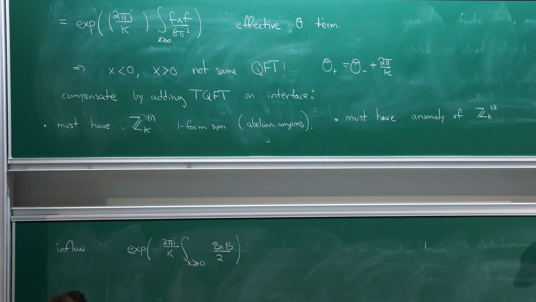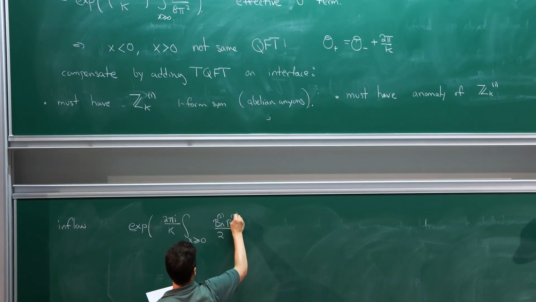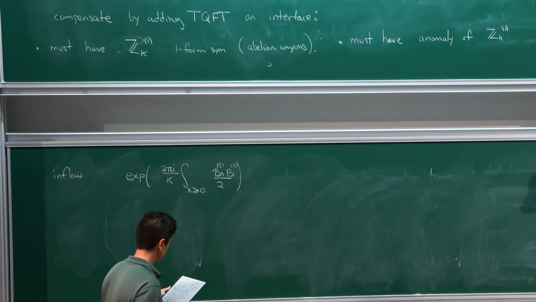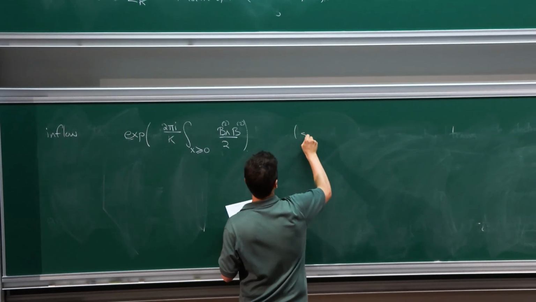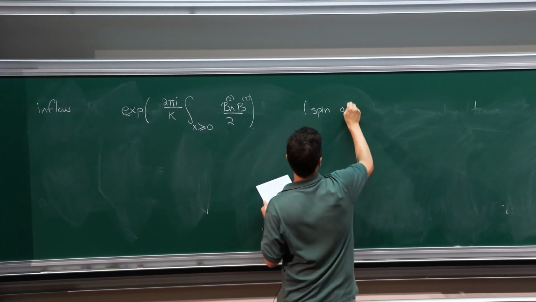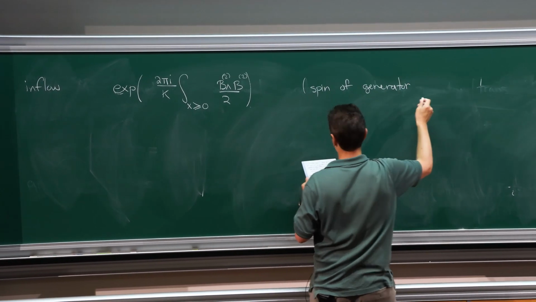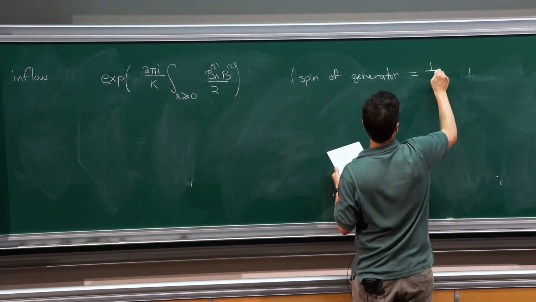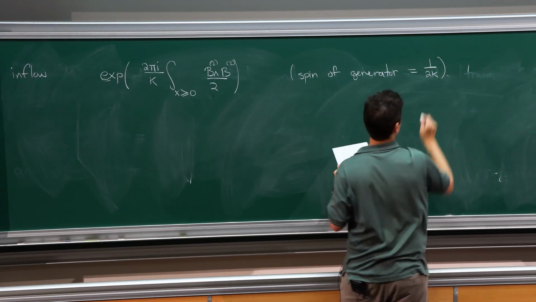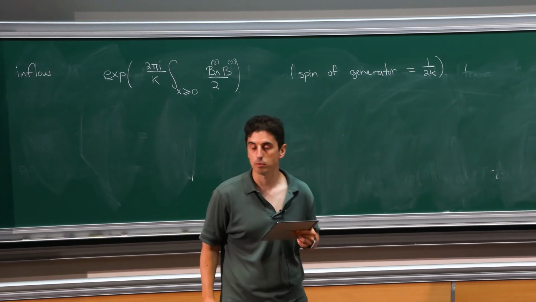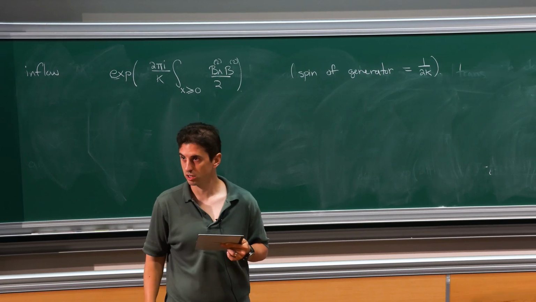So B is the two-form background field for this one-form symmetry. So I think this means that the spin of the generator has to be 1 over 2k. So these are the key properties of the TQFT that I'm really using.